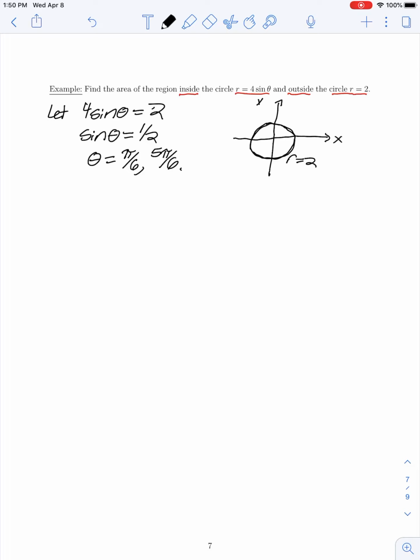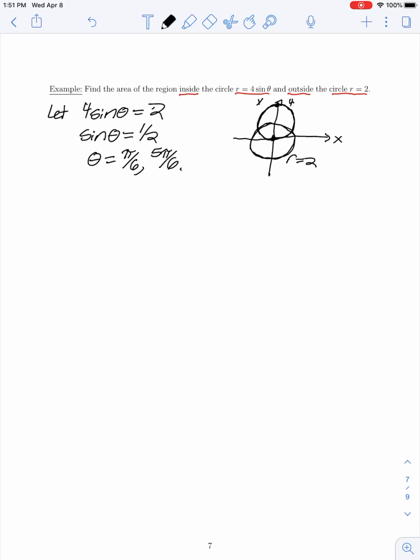And then we had the circle r equals 4 sine of theta. So here when theta is 0, r is 0, so it's going to pass through the origin. When theta is equal to pi over 2, that is along the positive y-axis, r is given by 4. So we end up with a circle that's lying in this upper half plane.